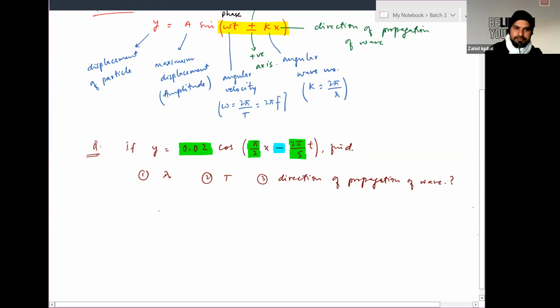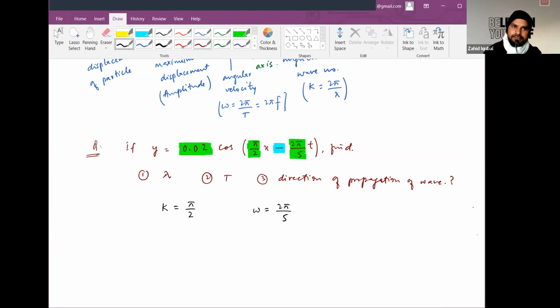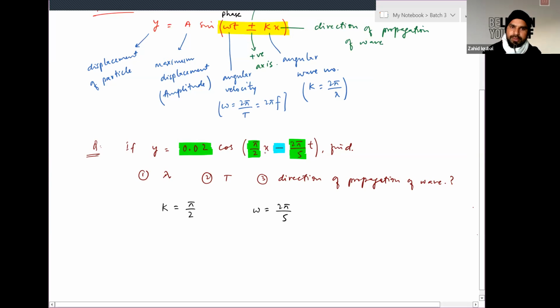So first, coefficient of x, we have pi by 2, so it will be k. Just equate it to 2 pi by lambda to find lambda. Next, coefficient of t, we have 2 pi by 5, so it will be omega. Just equate it to 2 pi by T to get time period. To define direction of propagation, try to find this variable.